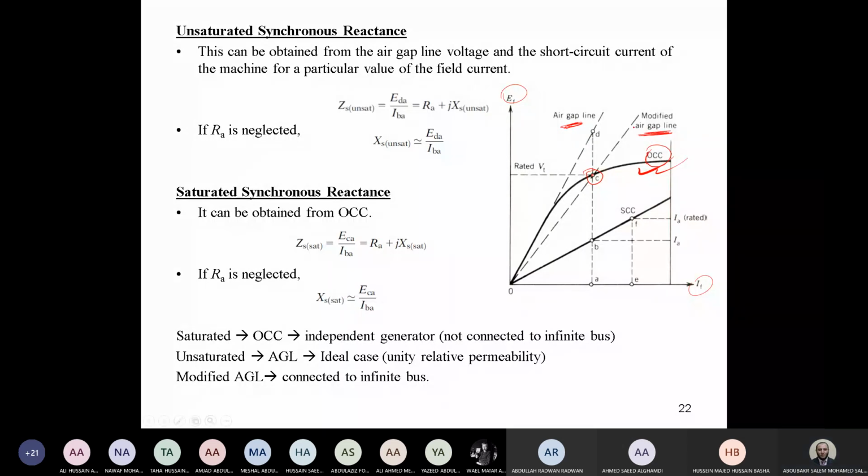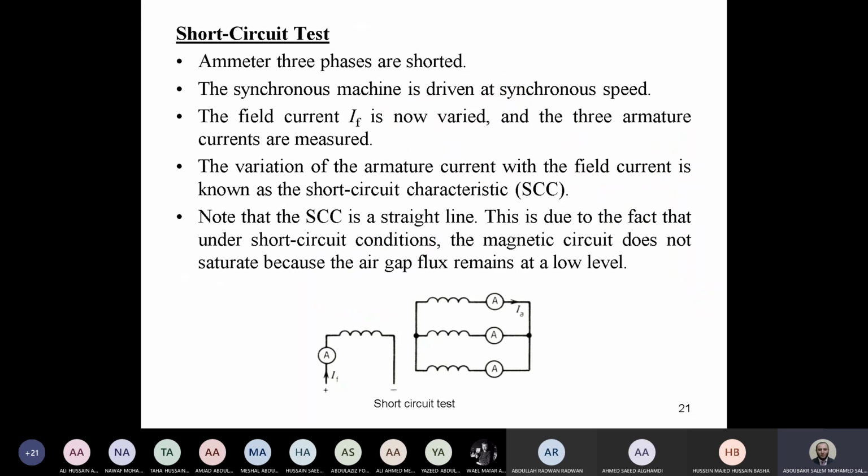So this is for the first test, the open circuit. The other test, the short circuit test, is made in the same way. We take the machine and make a short circuit on the armature winding, adding ammeters in order to measure the current.